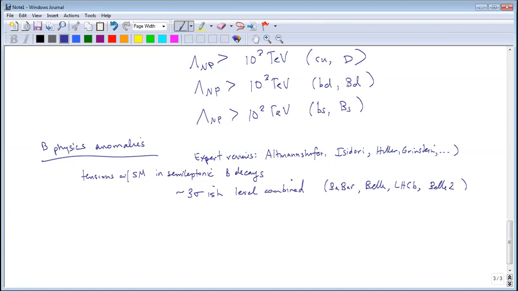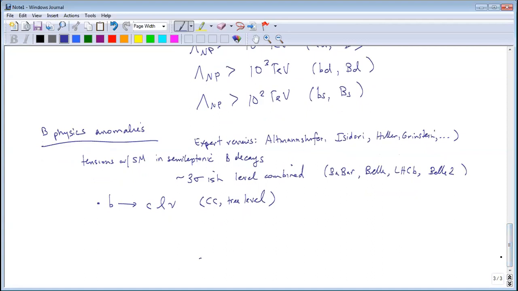So here's the first set. The quark level transition would be B to c, lepton, neutrino. Okay, so notice that would be a tree-level charged current process in the standard model. And the quantities of interest that they're looking at are actually ratios. I'm going to call it R(D*), and there's a star because it can either be a D or a D star.